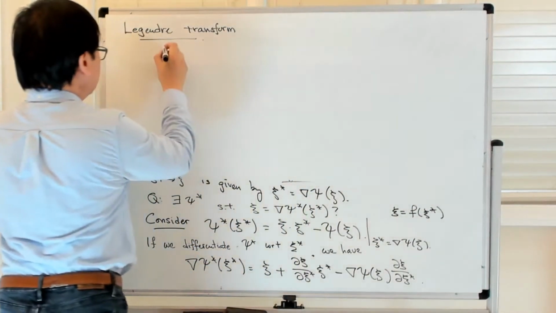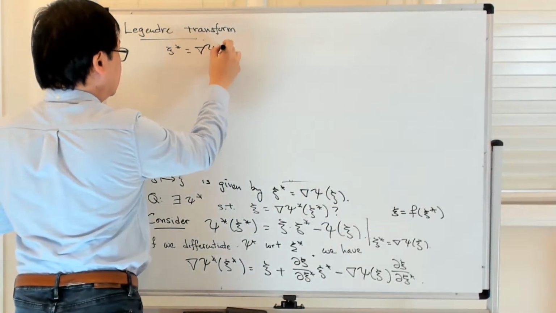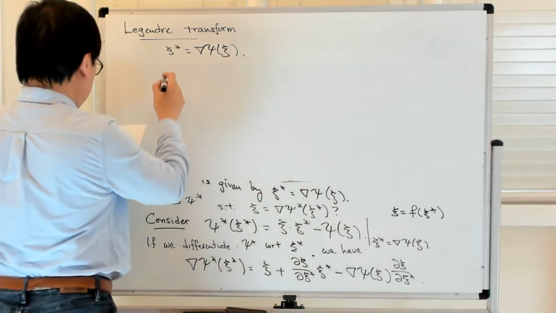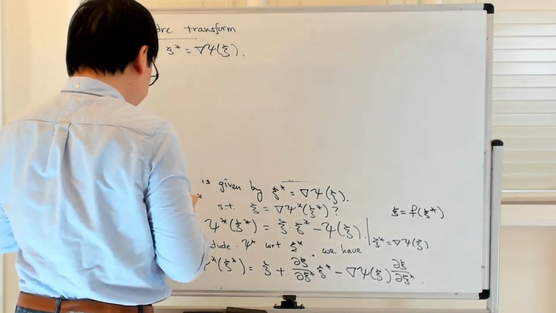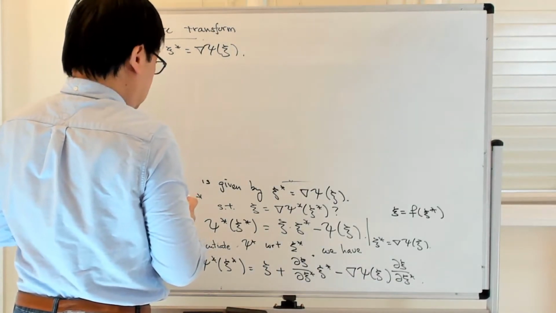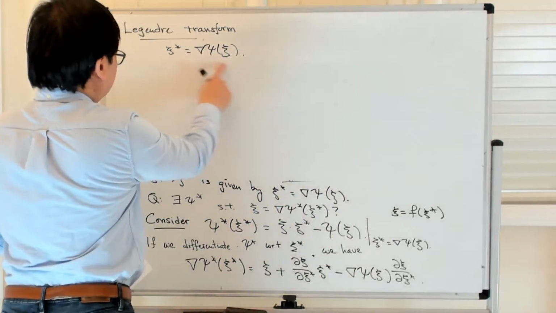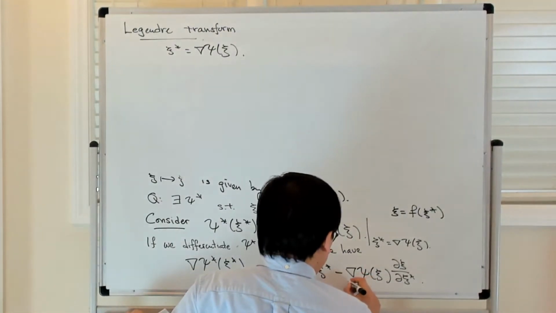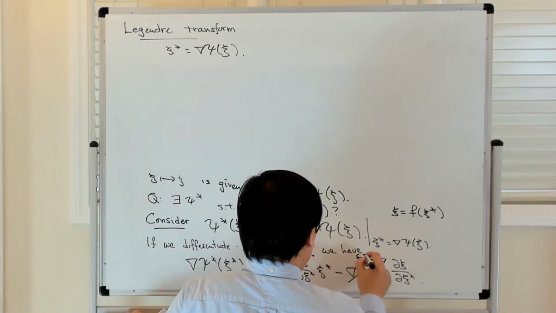So we know that c star is equal to the gradient of psi at c. All right, so by this relationship, this term here is c star.